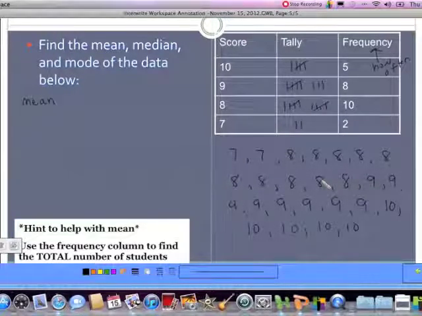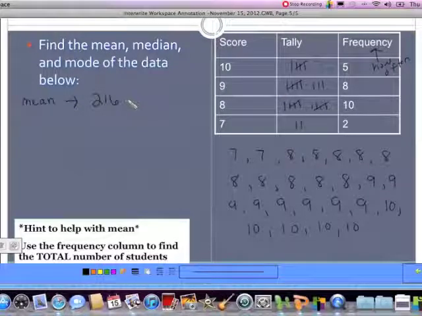All right, so when finding the mean, I'm going to add these numbers together. 7 plus 7 plus 8 plus 8 plus 8 plus 8 plus 8, etc. So when you add those numbers up, you are going to get 216. That is the sum.